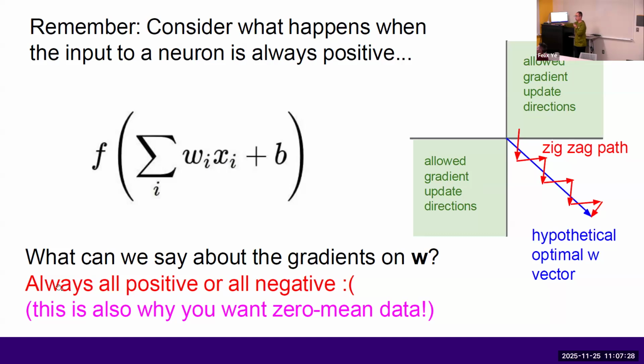The gradient can only be all positive or all negative if we use stochastic gradient descent. That's also why you want zero-mean data. You want some data to be positive and some to be negative, such that you don't have restrictions on that kind of update. If you have that kind of update, your training will not be efficient.